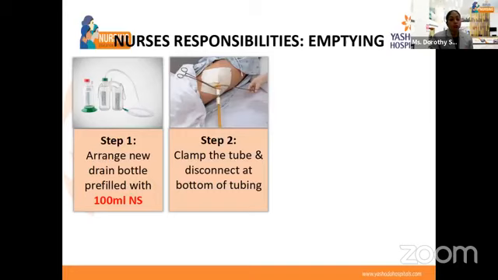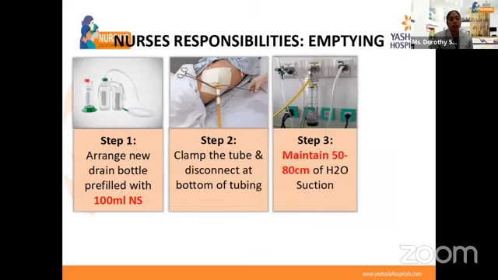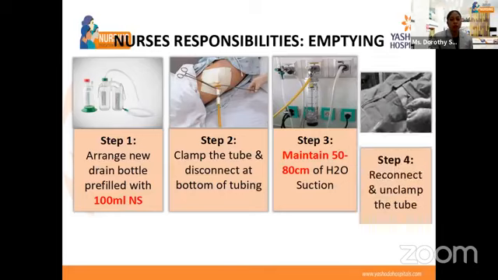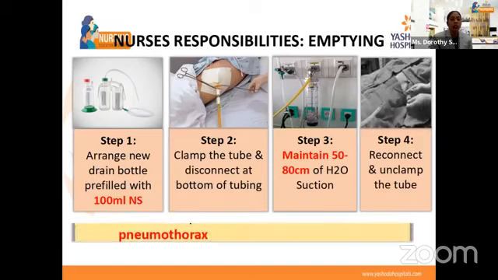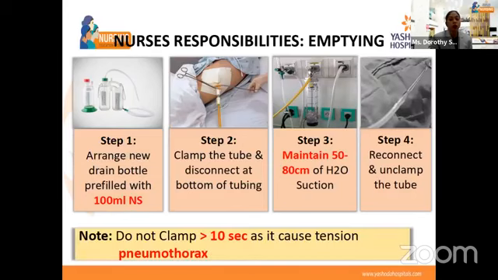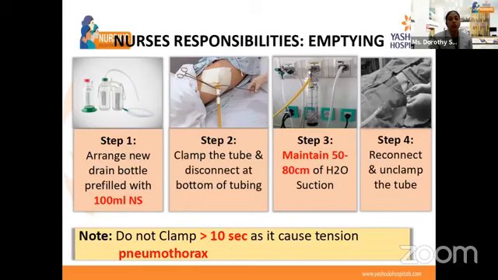Then she should clamp the tube and disconnect the tubing from the bottle, not from the insertion site. Thirdly, she should maintain suction between 25 cm to 50 cm of water. And last, she should reconnect the tubing to the bottle and unclamp the tubing. Here, the nurse should be very cautious not to clamp for more than 10 seconds because it causes tension pneumothorax.